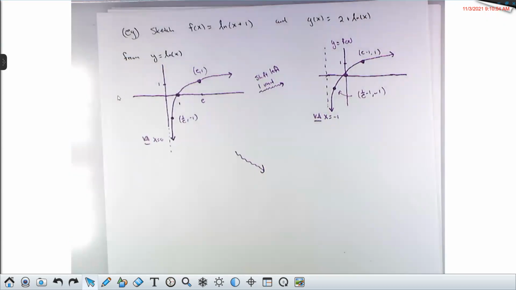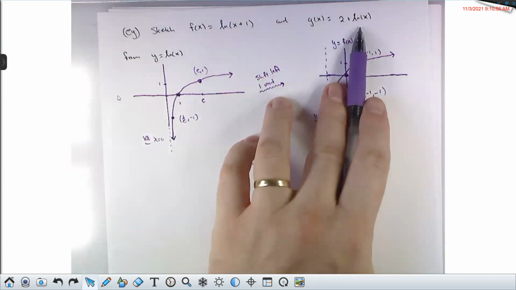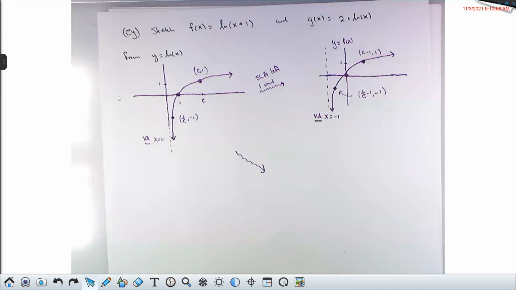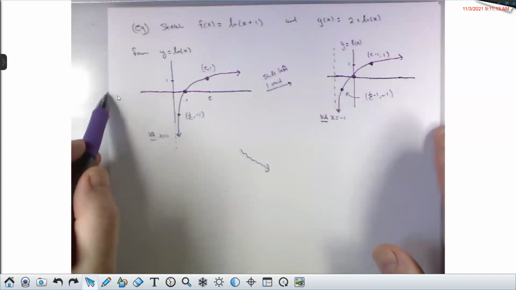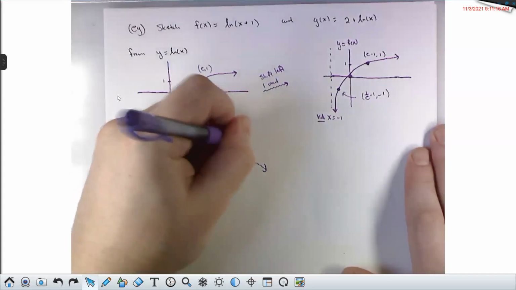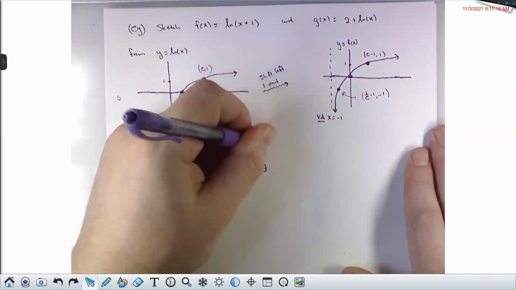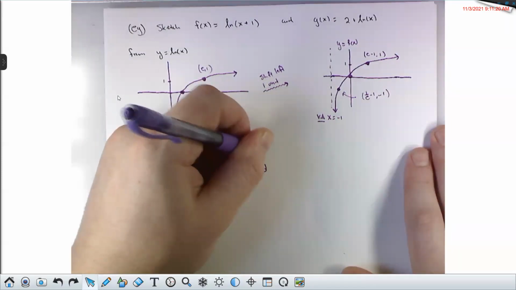All right, last one here, g of x equals 2 plus ln of x. What is that transformation? Move up 2, yeah, exactly. This is a shift up by 2 units.